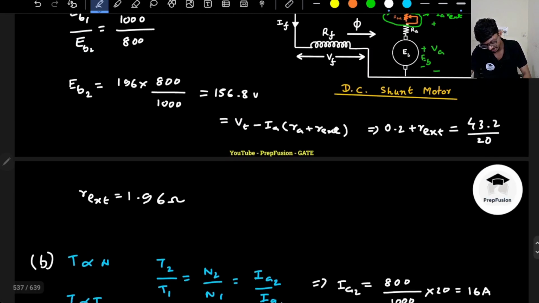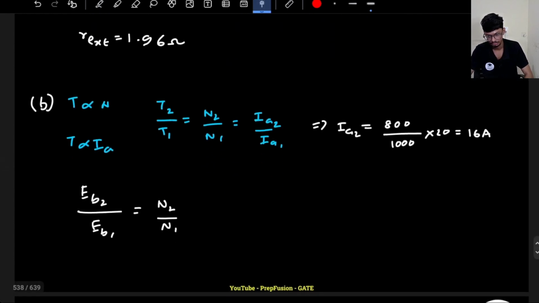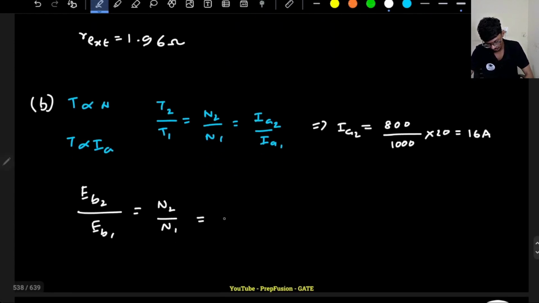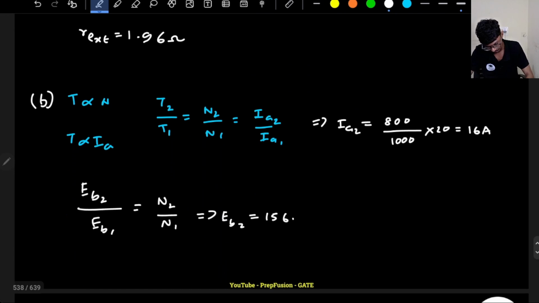So EB2 will be the same as the previous case, that is 156.8 volts.